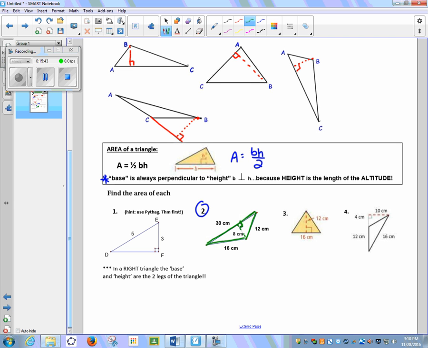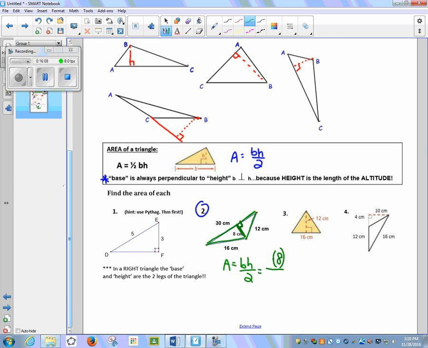That's what tells you that that's the altitude. And in area formula, we need the base and the height that are perpendicular to each other. So if I'm going to use 8 as my altitude, when I'm finding area, I need base times height divided by 2. The height is actually the length of the altitude. So I'm talking about multiplying by 8, right?